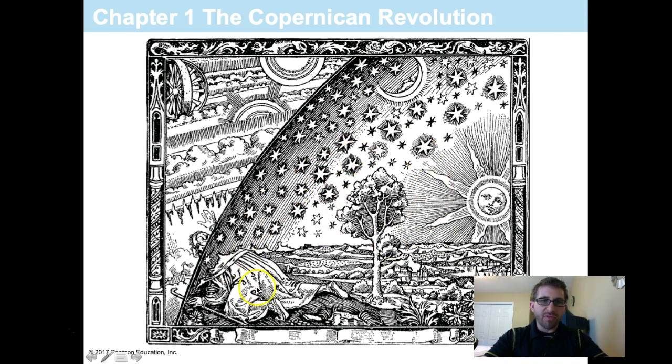There's a person here, and given that this is called the Copernican Revolution, maybe that's Copernicus himself, poking his head through the celestial sphere and looking into the mechanics, these wheels and cogs, the mechanics of the heavens, and trying to understand them in a new and different way.